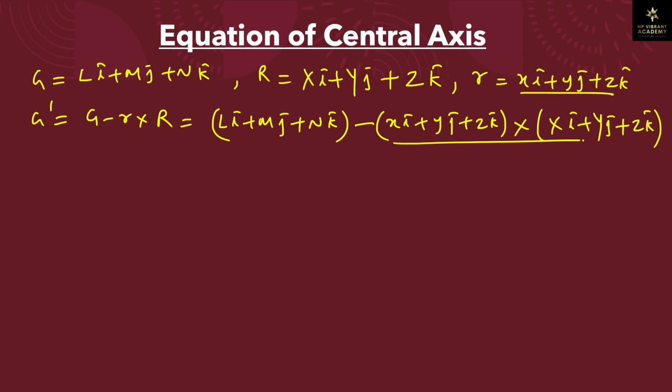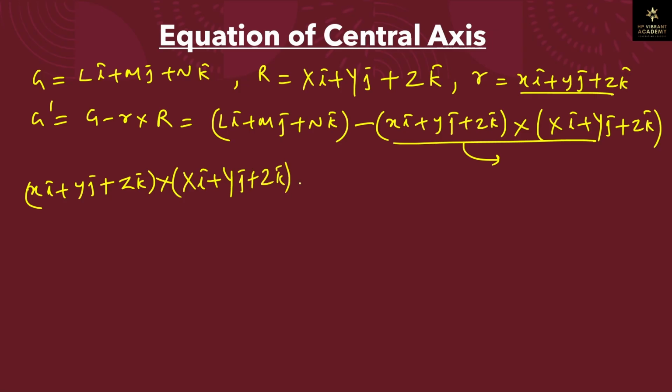Let us find this cross product first. We have x i cap plus y j cap plus z k cap cross X i cap plus Y j cap plus Z k cap.